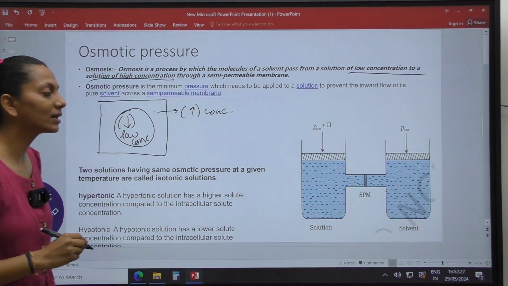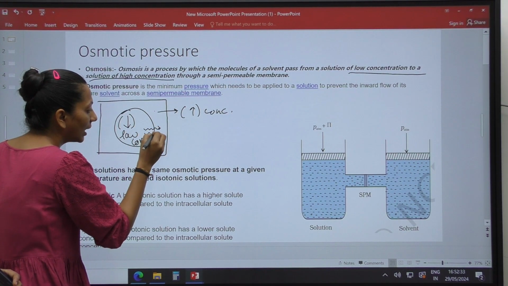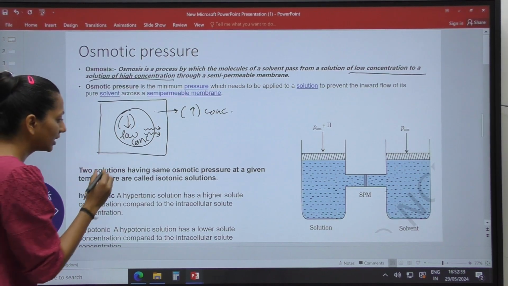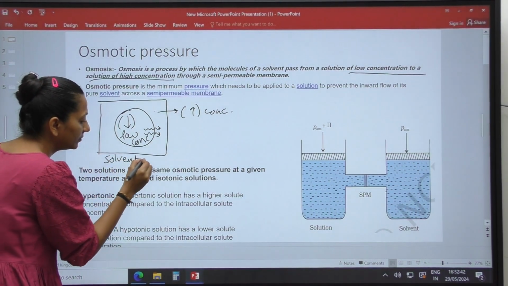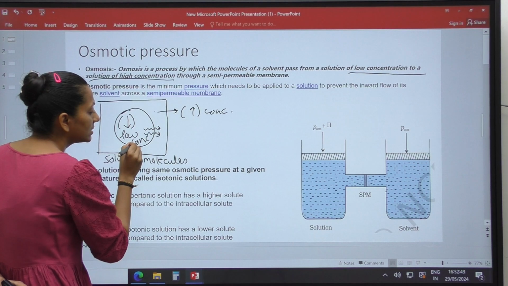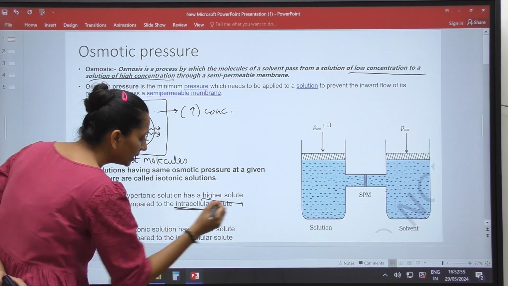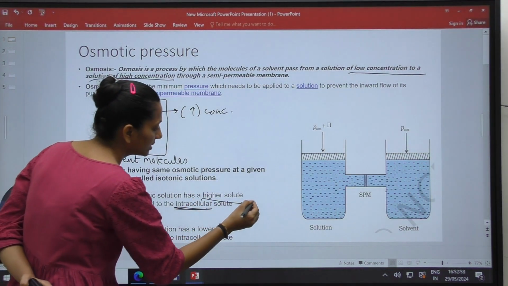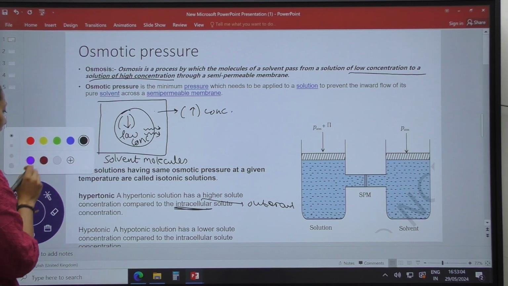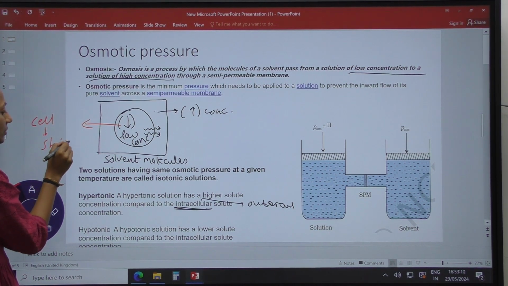Solvent molecules are going to move from the lower concentration towards the higher concentration, or we can say from the intracellular to the outer cellular content, and because of which the cell is going to shrink.